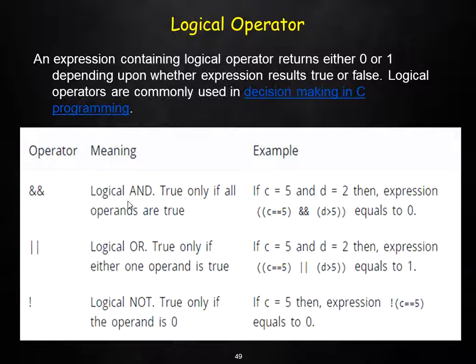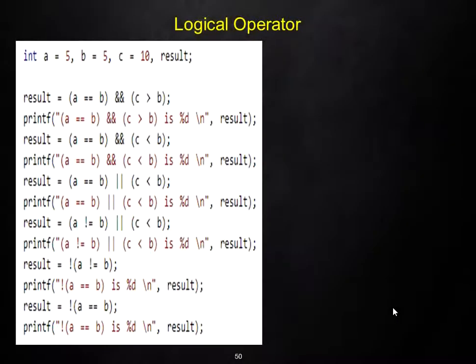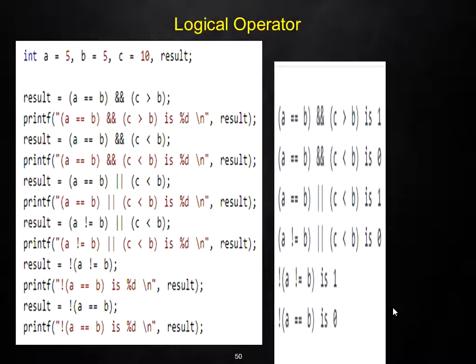Okay, and then there is the logical NOT. So the condition should not be true. So you say not with this kind of symbol, you negate it. So here are some conditions, some examples, and then some results. You may try it out.